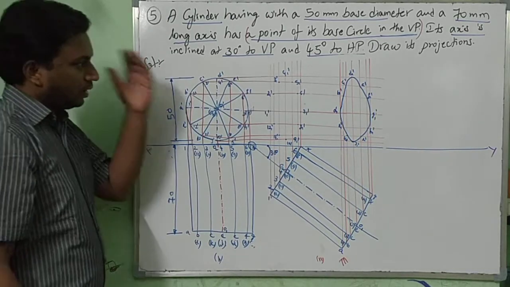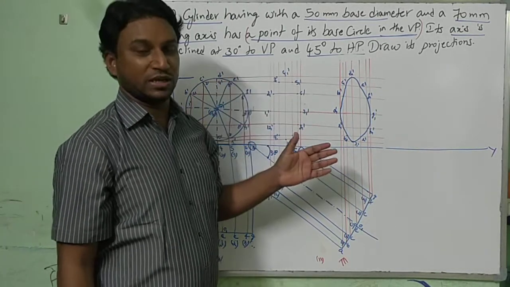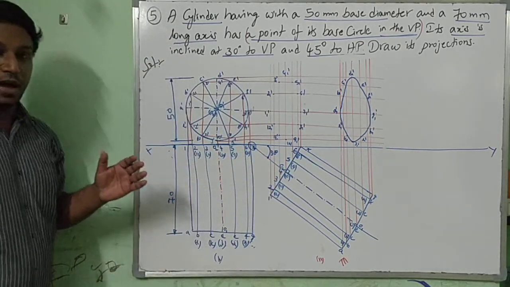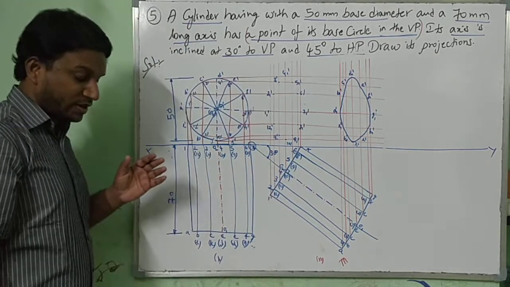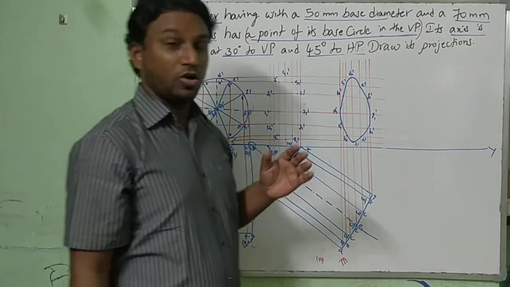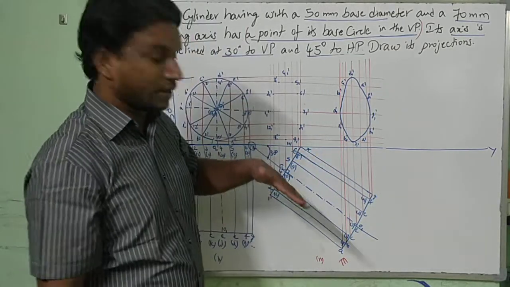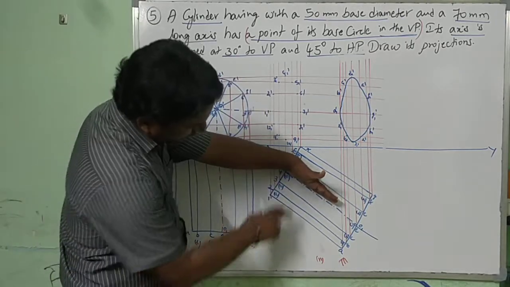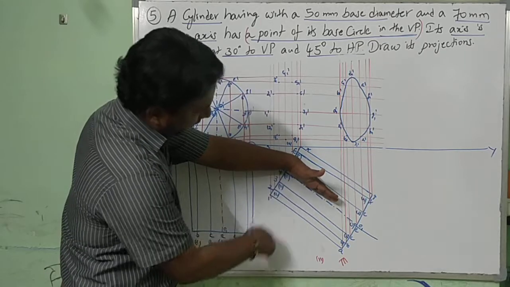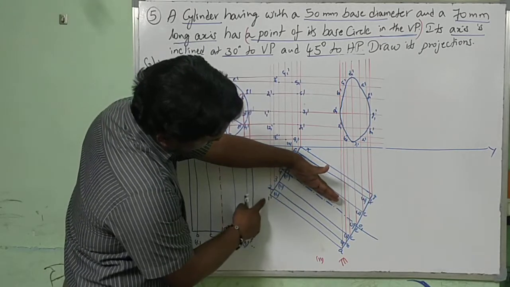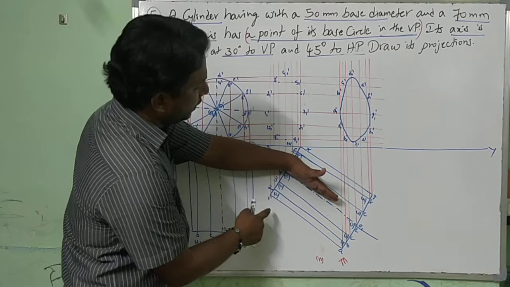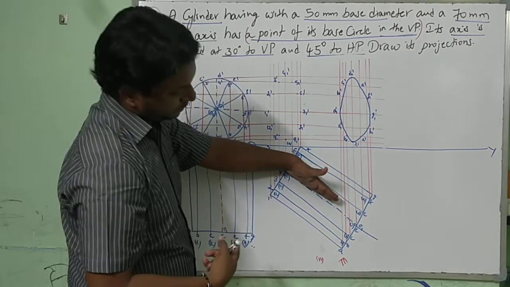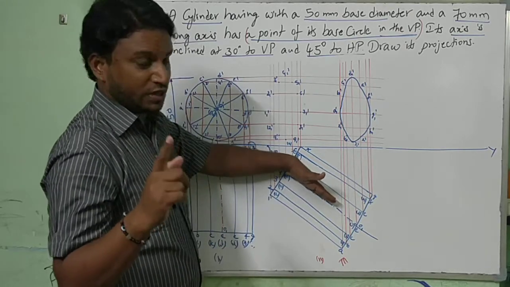Now, of this base circle, how much part is thick and how much part is hidden, how much is clearly visible. With respect to this half line, the points outside, 1, 2, 3, 4 and 10, 11, 12, are thick. Try to draw. This half section is very important.